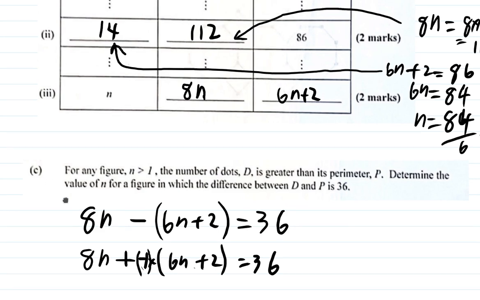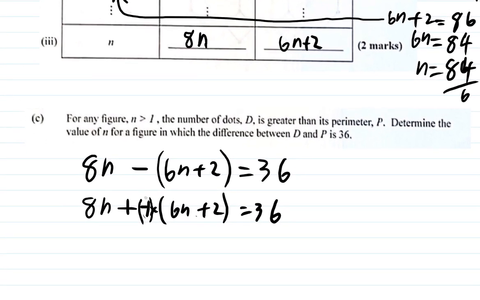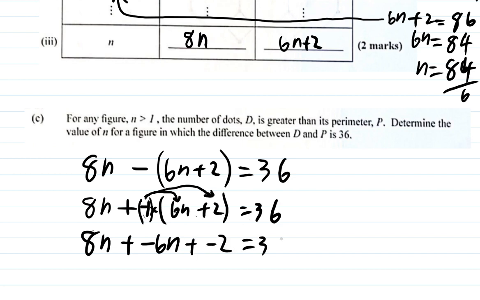So when you open the bracket, what you really have is negative 1 times 6n, negative 1 times 2. So what you end up with is 8n plus negative 1 times 6n, which is negative 6n, plus negative 1 times 2 is negative 2, equal 36.